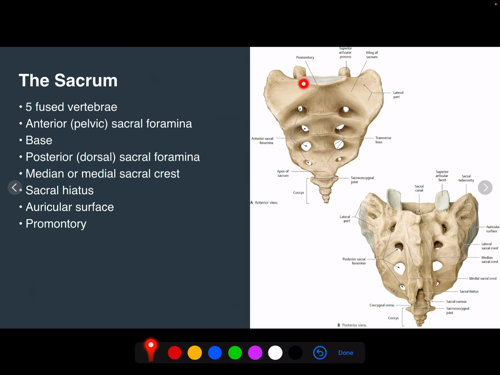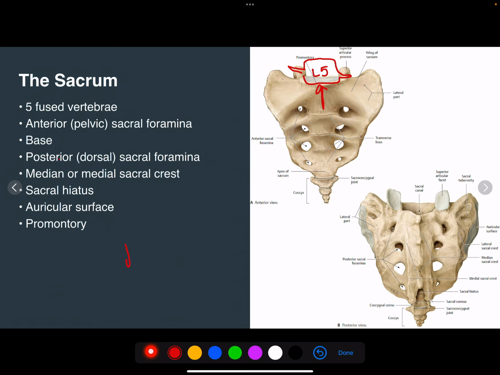And then finally, we have our promontory. All right, and our sacral promontory is this anterior edge projecting from the base of the sacrum. Okay, this serves as an important landmark on skeletal models in that it signifies the lumbosacral junction. So if I had a vertebra sitting on top of that, that vertebra would be L5 because my sacral base really articulates with the body of L5, but it's the sacral promontory which acts as that landmark to distinguish between the lumbar spine and the sacral spine.